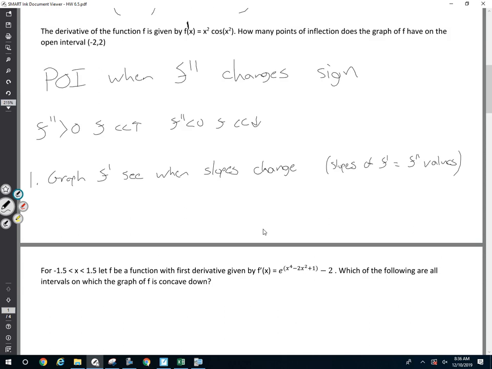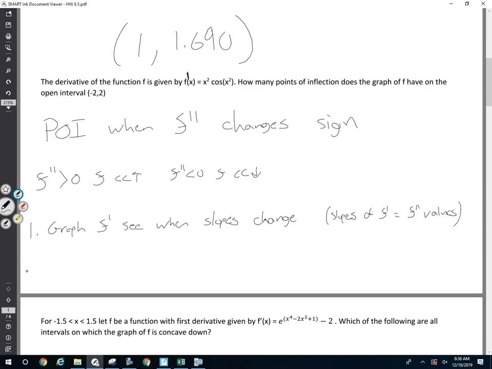Okay, so that's one way to do it. Another way to do it, and I'll show you both ways, is to find f double prime and see when the values change sign.